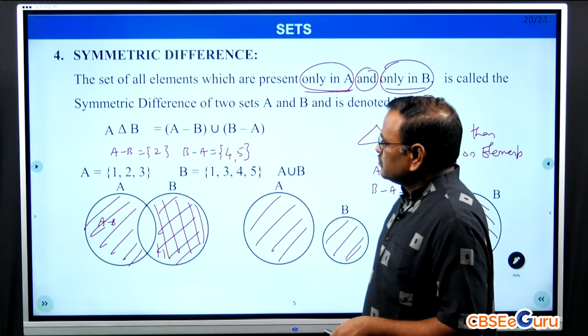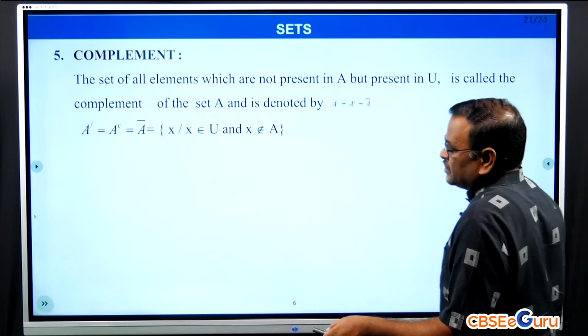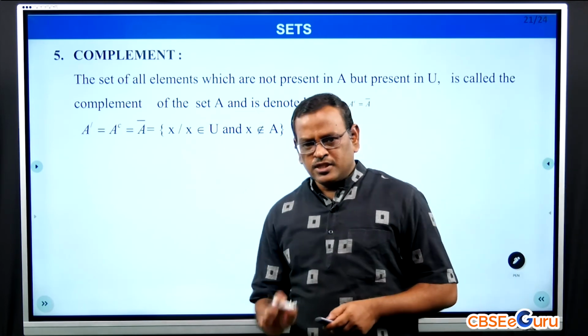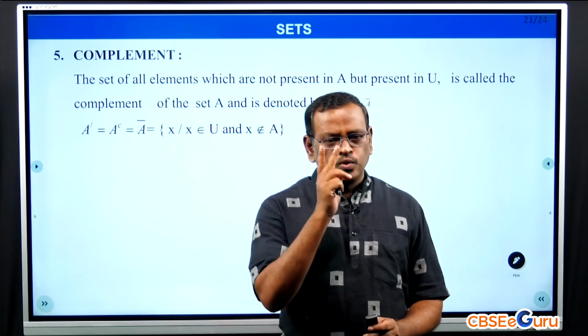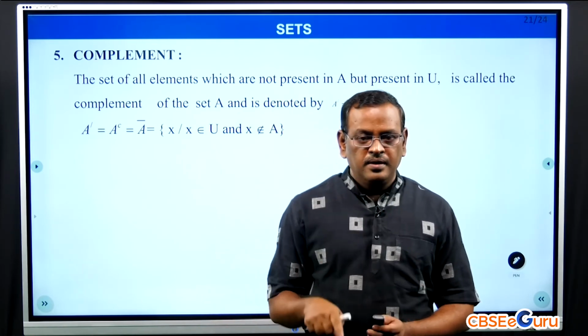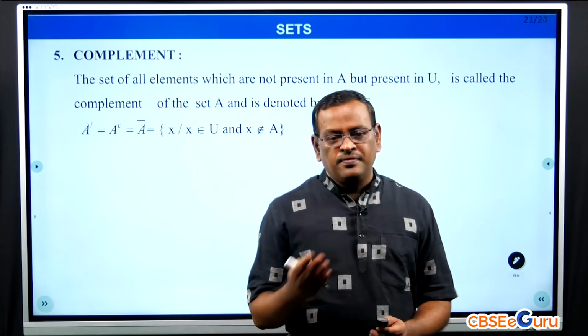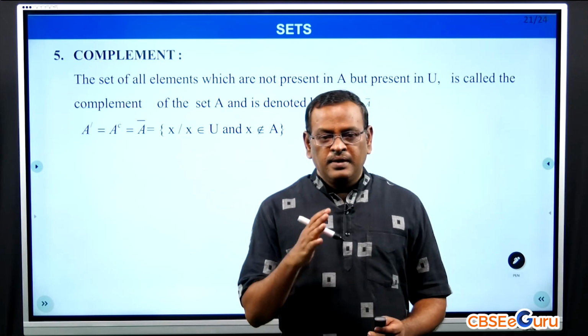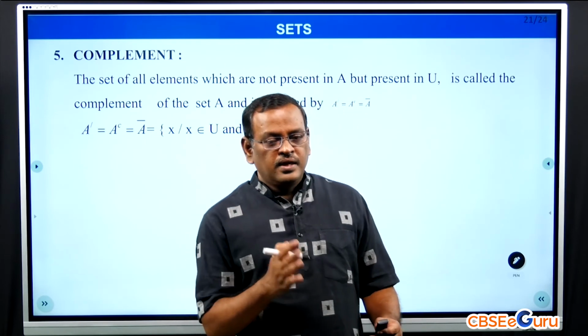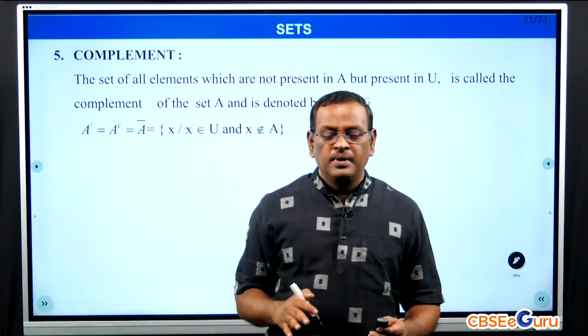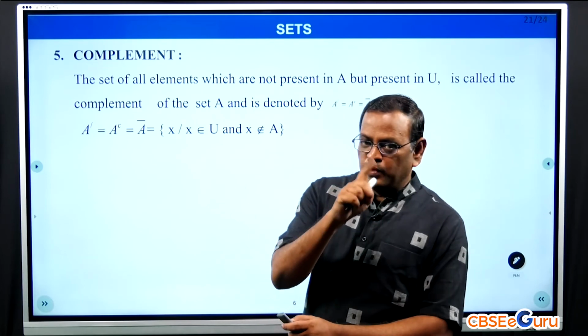Next, last operation, complement. So far we discussed 4 operators, but all the 4 operators require 2 subsets, A and B, because left side and right side of union is A and B, and for intersection left and right is A and B, for minus A minus B, for symmetric difference A delta B, but at present we need only one subset.